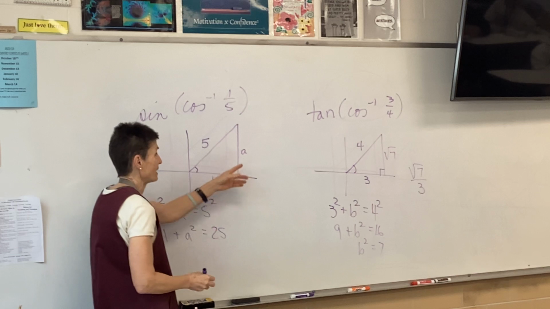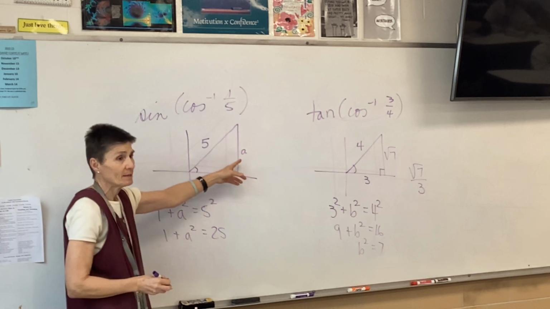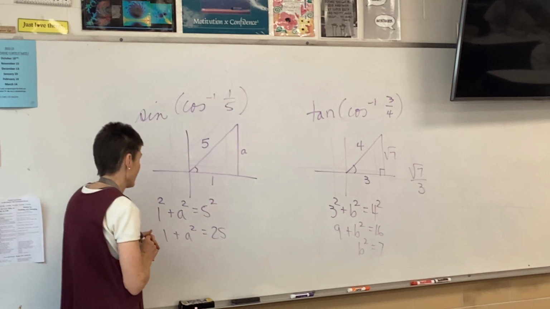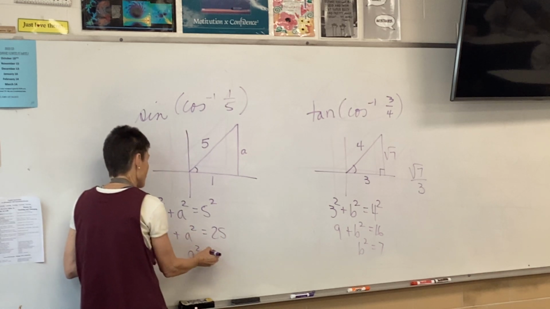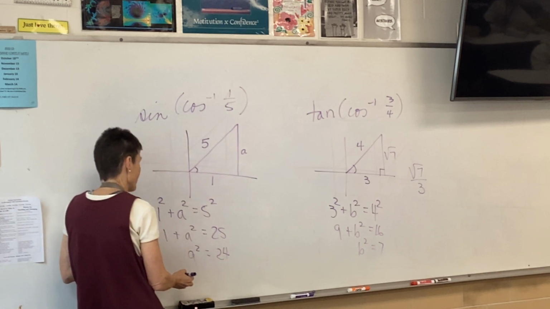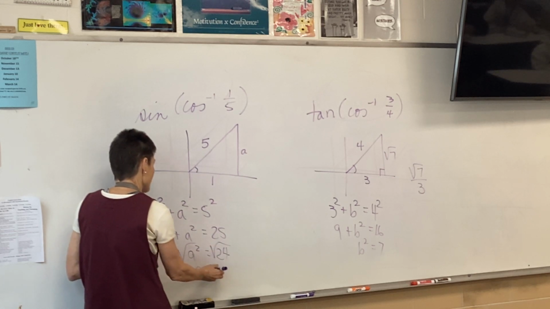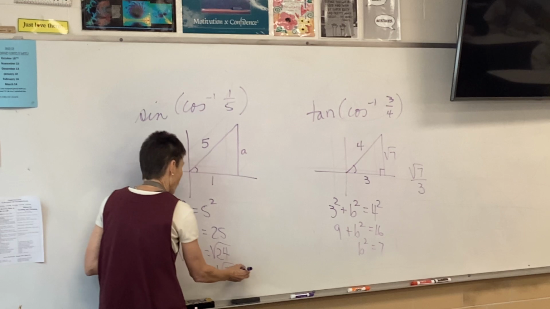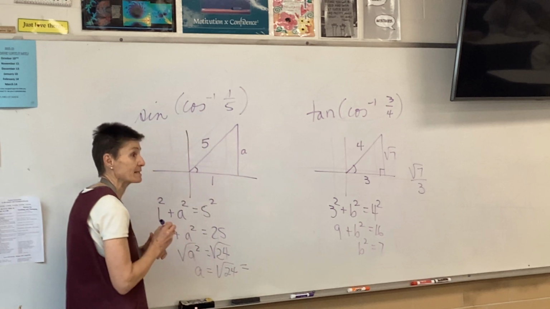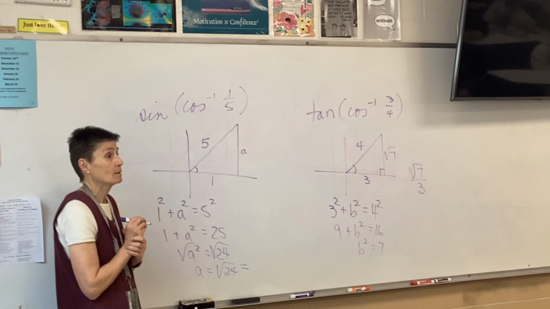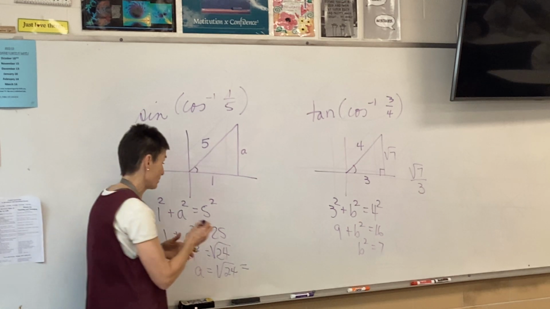By the way, I said a here. It could be b. It does not matter. A and b doesn't matter. A squared equals 24. Whoops, this one's going to be a little trickier than before because the square root of 24 actually breaks down to 2 radical 6.